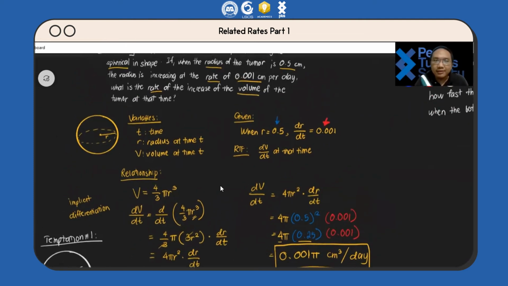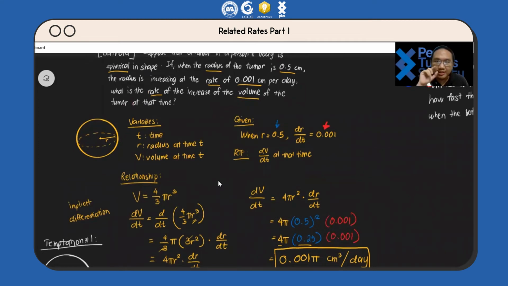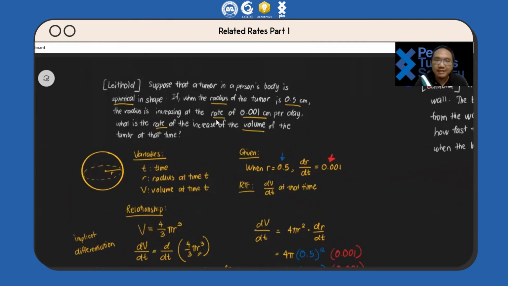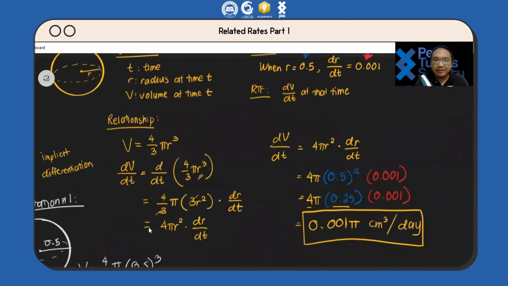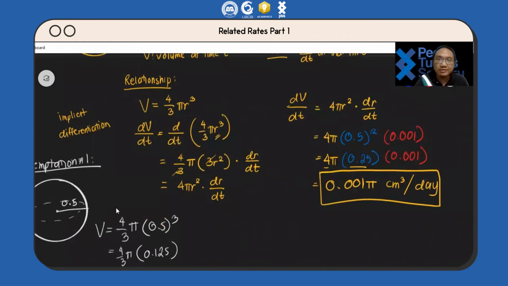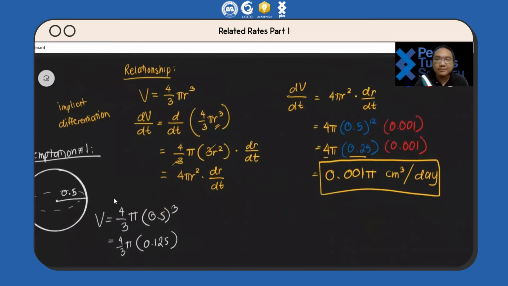Looking back at the problem, it's very important for us to analyze the semantics. When the radius of the tumor is 0.5 centimeters, it doesn't say that the tumor has a constant radius of 0.5 centimeters. No, the problem tells us that at a specific point in time, the radius is 0.5 centimeters.